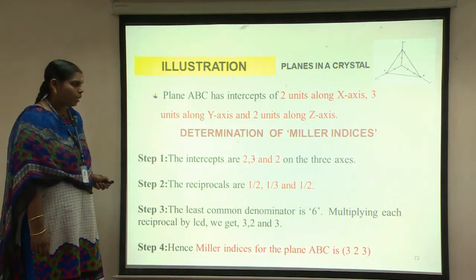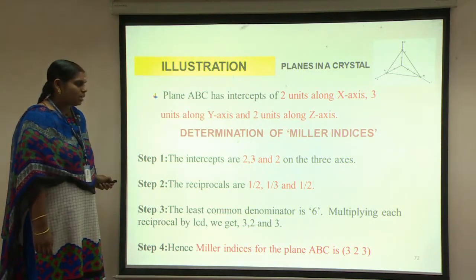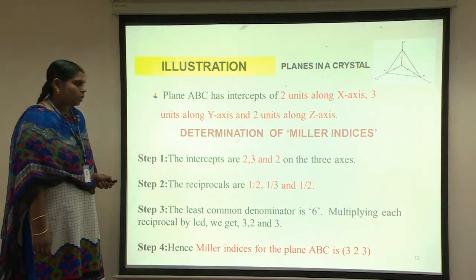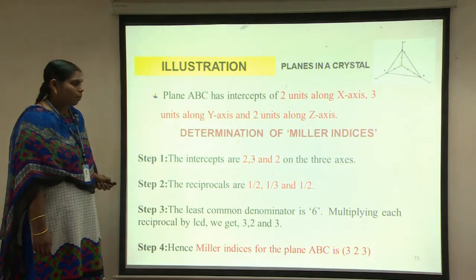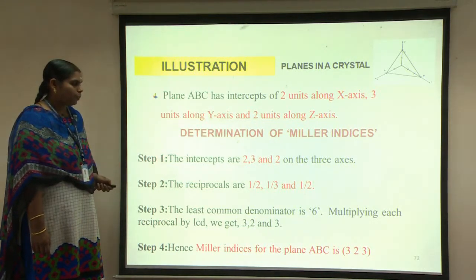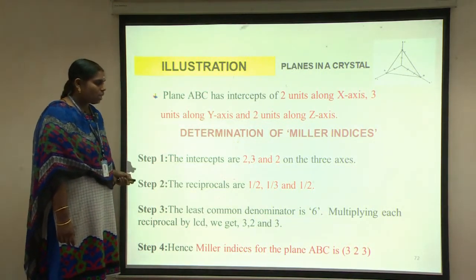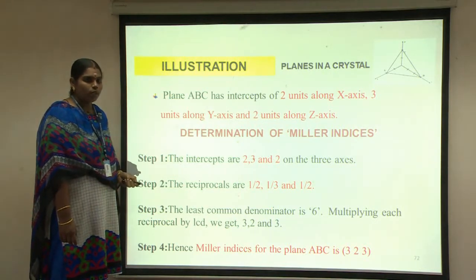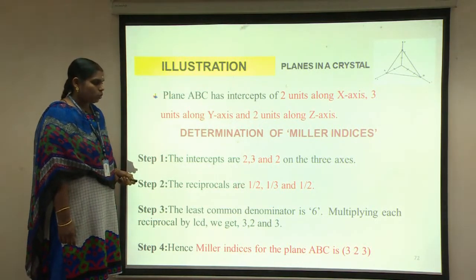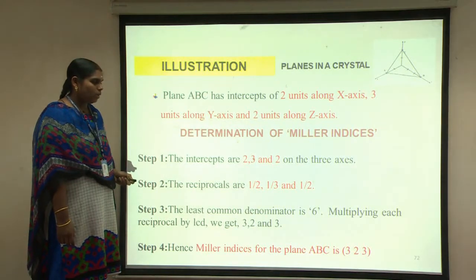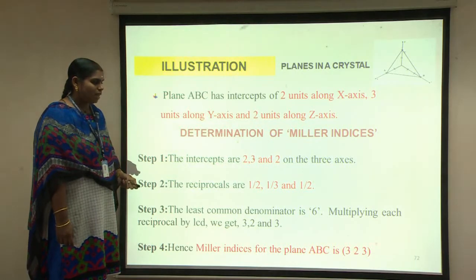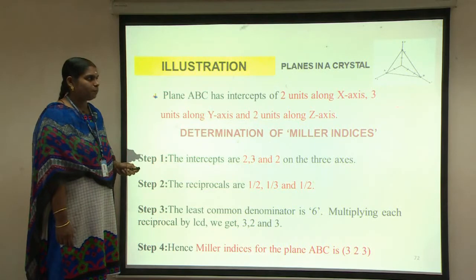After finding the intercepts, we find the reciprocals: 1 by 2, 1 by 3 and 1 by 2. Now we find the least common denominator, which is 6, and multiply each reciprocal by 6. The numbers we get are 3, 2, 3, which are written within parenthesis. This is the Miller indices for the given plane.